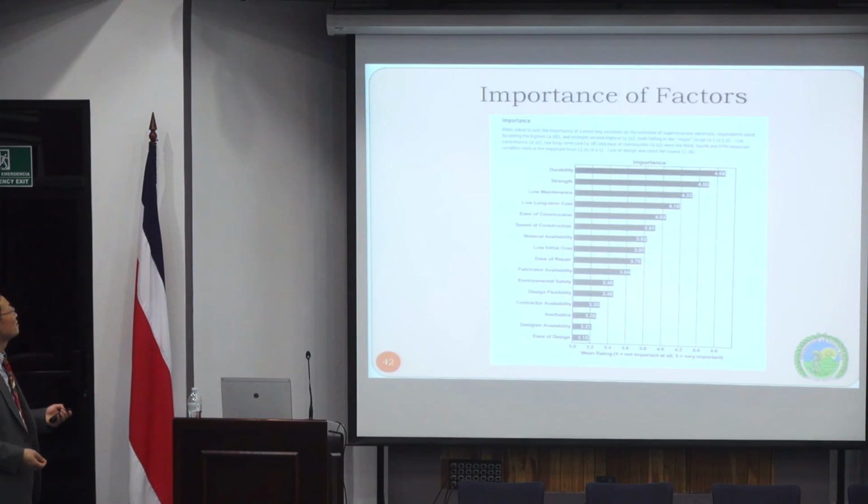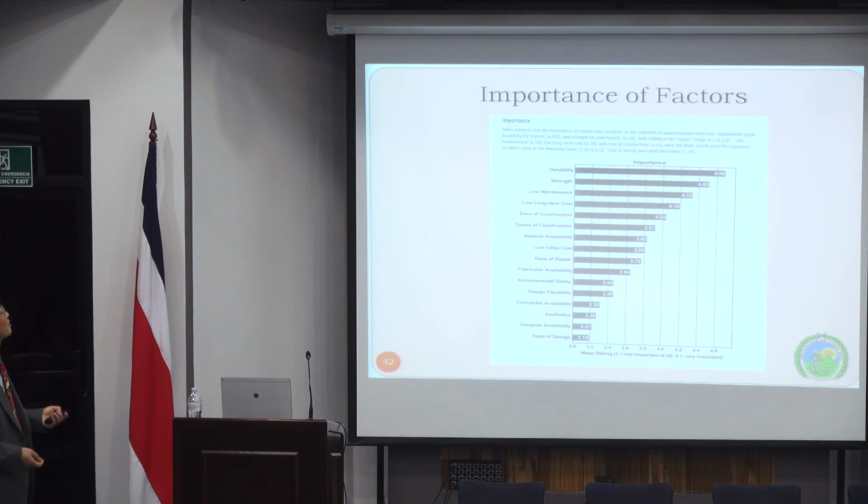And that's actually another statistic about the factors. We talk about decision making: what factors are typically considered and how important are they? Typically, durability and maintenance are very important elements.